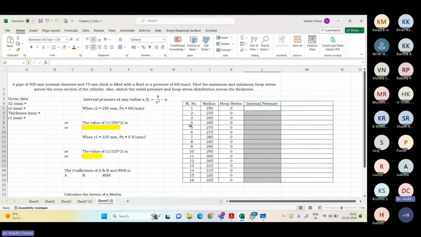In order to save time, I am making some adjustments, because if we go on creating this tabular column and all, it takes a lot of time. You are all well versed with creating the tabular column and taking up the cell values. So now, one minute, I will be back.